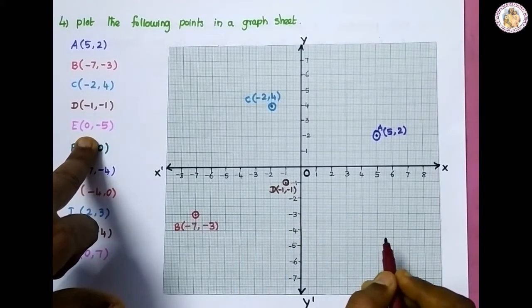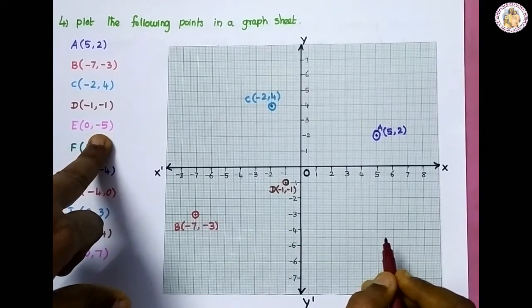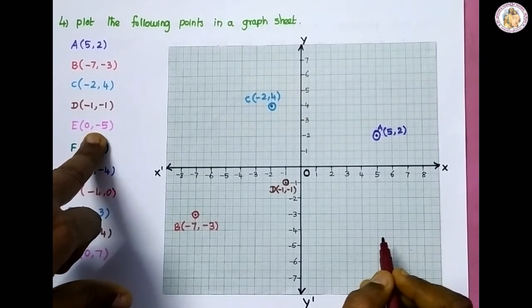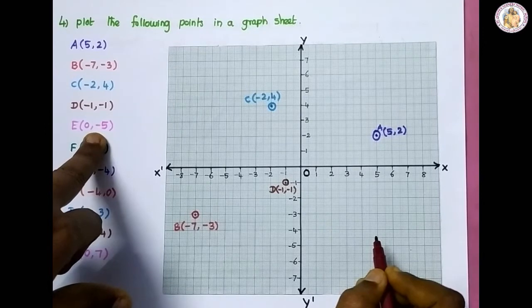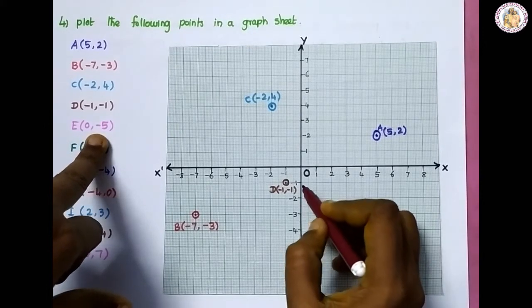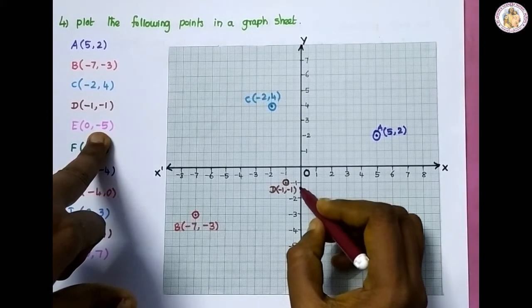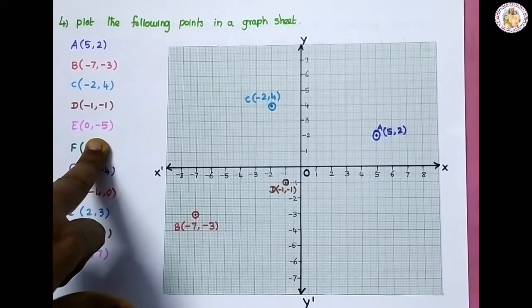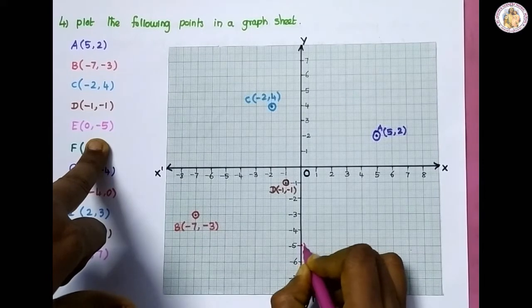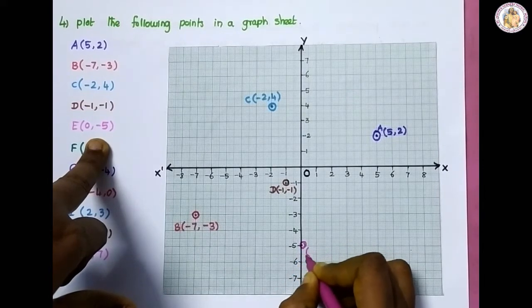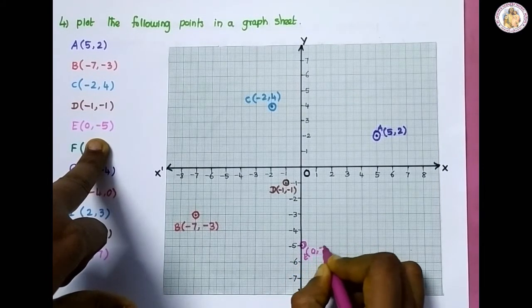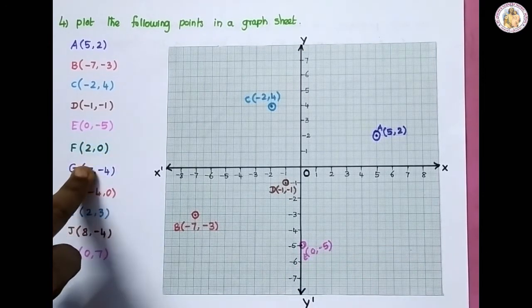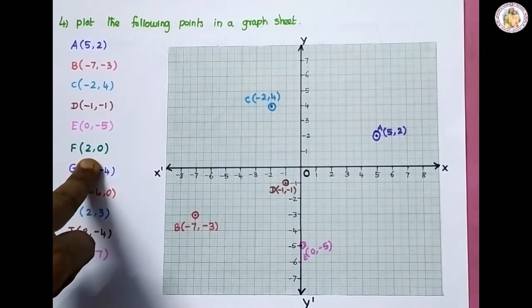And then E, 0 comma minus 5. Listen, x-axis is 0, that lies on the y-axis. So y-axis minus 5, so y dash. Here 0 comma minus 5, that is E. Next one, F, 2 comma 0.